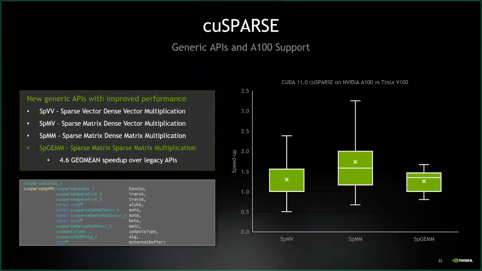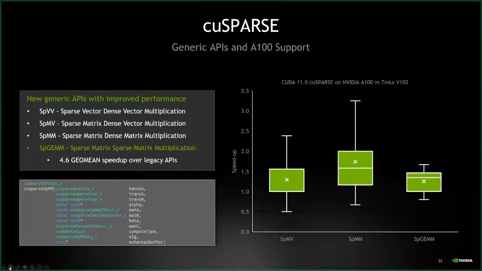Our most recent release of a new API is SpGEMM, our sparse matrix multiplication. In addition to modernizing the API, we also got about a 4.6x geomean speedup over the legacy APIs on V100. And then you can see the speedups from A100 here on the right.